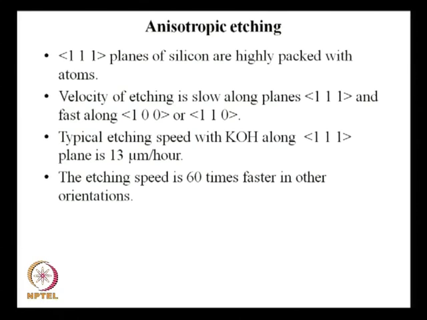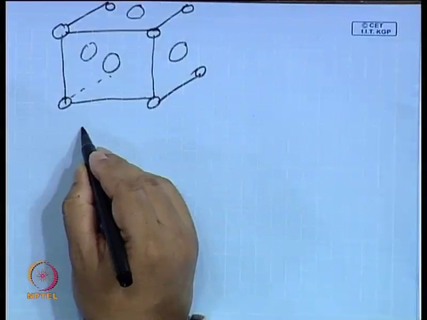So, velocity of etching is slow along planes 1 1 1 and fast along 1 0 0 or 1 1 0. Let me point out once again very quickly what this plane is.